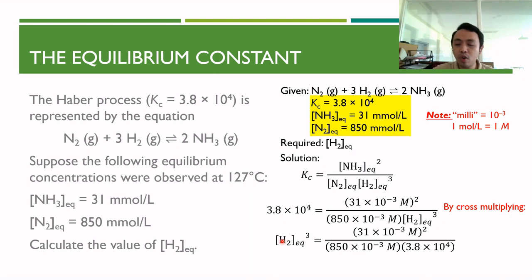From our calculator, we've computed H2 cubed is equal to 2.98 times 10 to the power of negative 8.